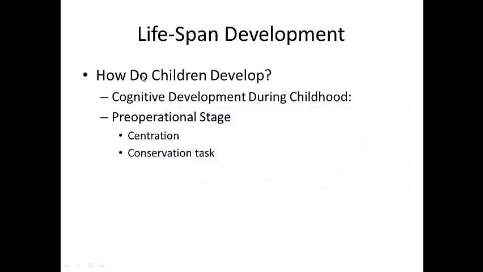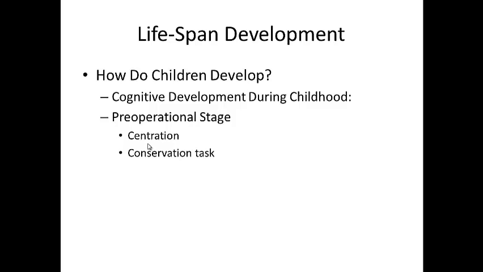The next stage, the pre-operational stage, shows some interesting lack of ability. The fact that children at that stage, remember between 2 and 7 approximately, use centration, which means focusing on one particular variable at a time.